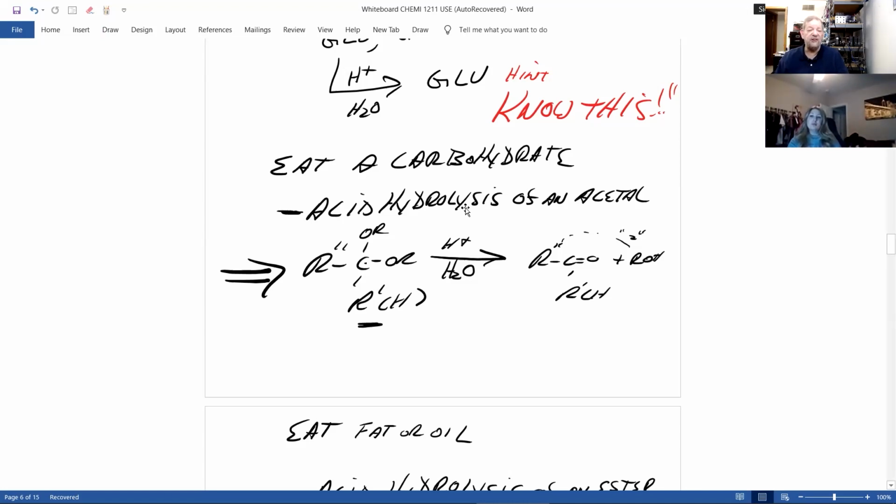And I always think it's one of the miracles of life. You and I both have, or all of us have, cells in our body that manufacture, synthesize hydrochloric acid. That just astounds me, but I'm a chemist. And acid and water, acid hydrolysis of an acetal. Here's the general reaction. Acetal, acid and water, get back the ketone or aldehyde plus the alcohol you would have used to make that acetal or ketal.